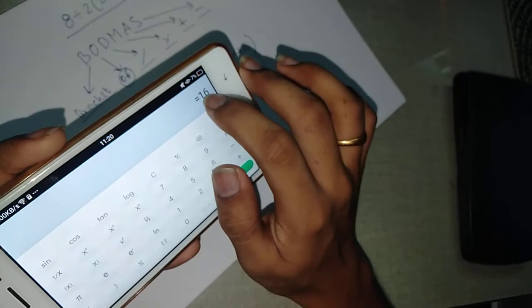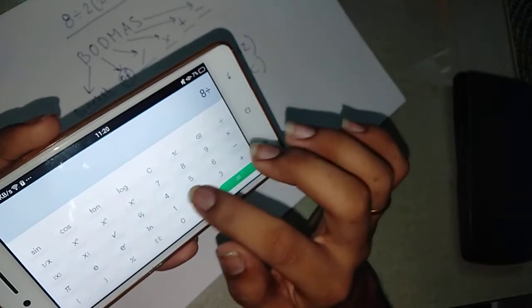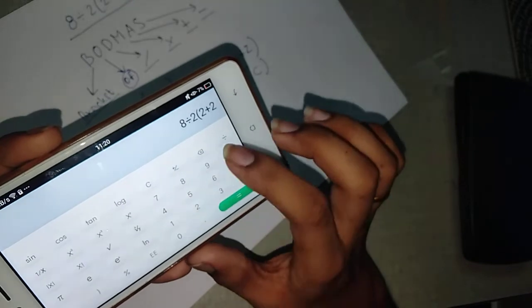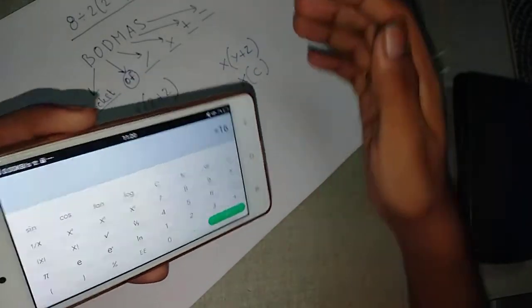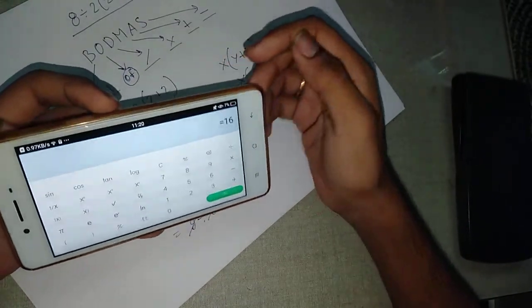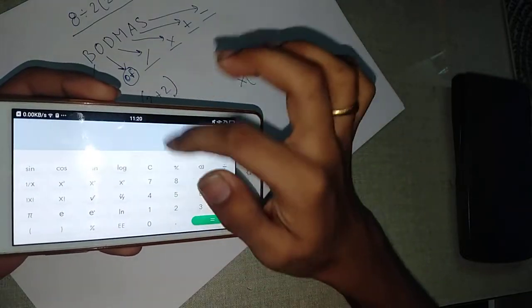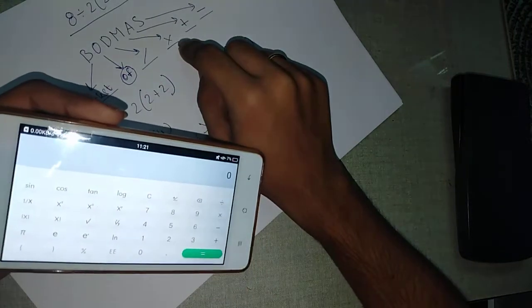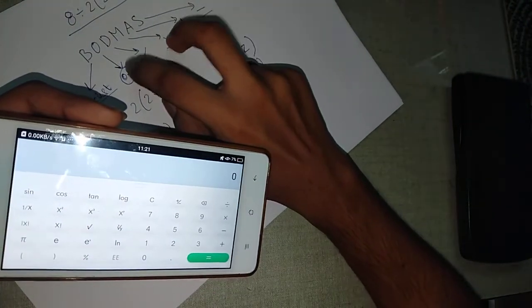The answer is coming 16. Now 8 divided by 2, directly the bracket, this means of, second preference, 2 plus 2, answer 16. Now you might think the programming inside the mobile phone calculator cannot distinguish between of and multiplication. Yes, it is right, they cannot distinguish between of and multiplication, they treat both as the same.